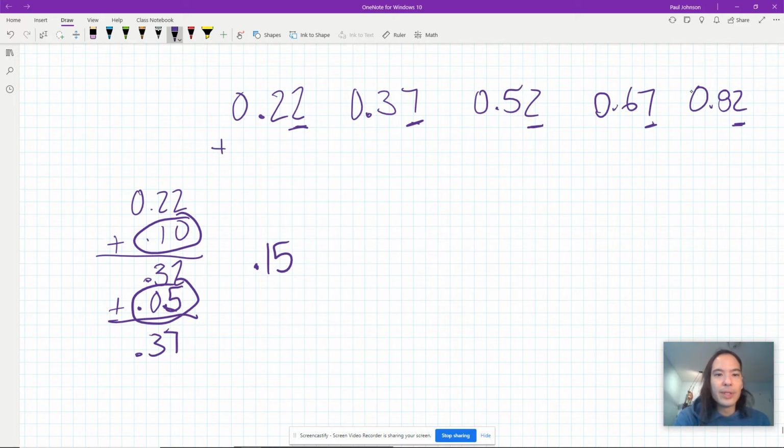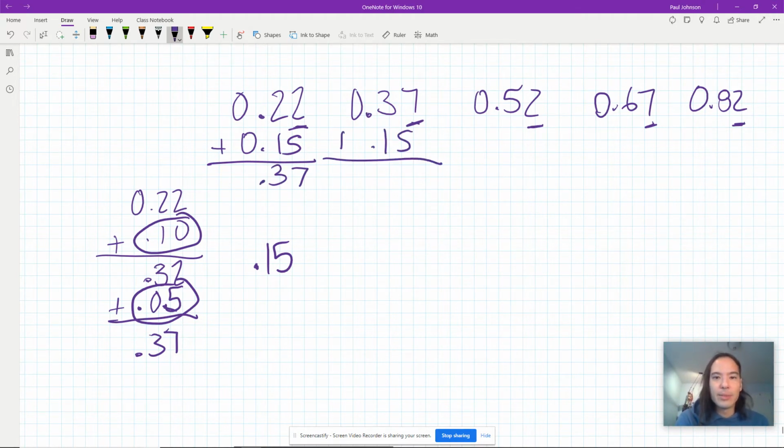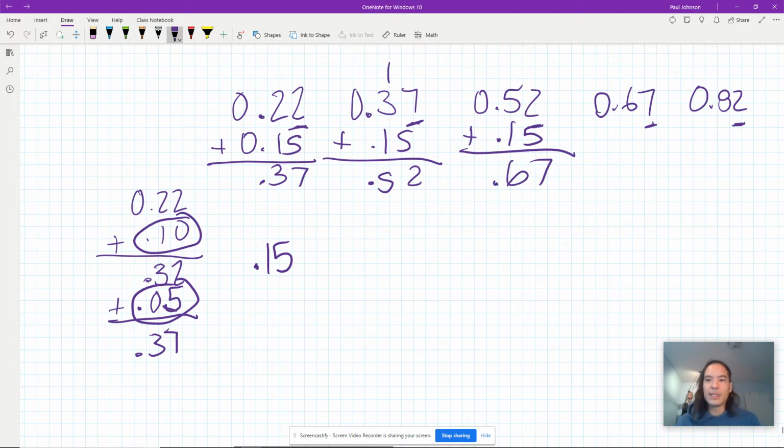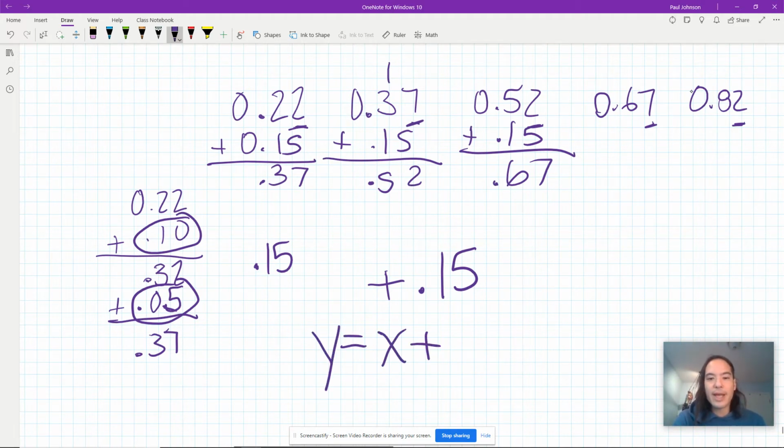So 22 hundredths plus 15 hundredths equals 37 hundredths. 37 hundredths plus 15 hundredths equals 52 hundredths. 52 hundredths plus 15 hundredths, 67 hundredths. So it looks like our rule would be plus 15 hundredths. If we're going to do it as a 5th grade rule, it would be y equals whatever our x value is plus 15 hundredths, right?